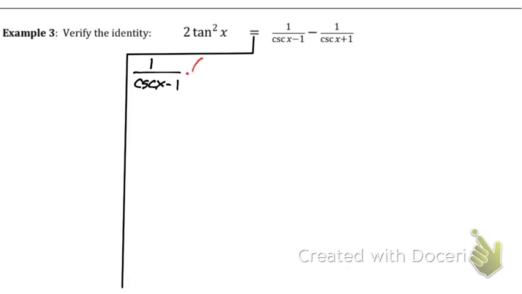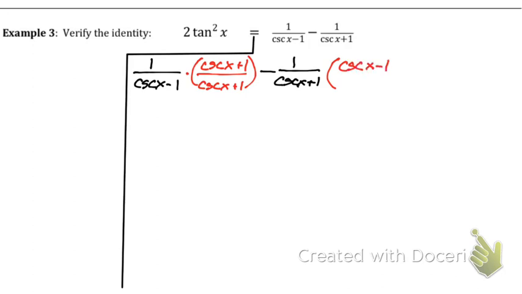So that's going to be times cosecant x plus 1 over cosecant x plus 1. That'll be minus. We'll take the other one, which is 1 over cosecant x plus 1, and multiply that one by the other denominator, which is cosecant x minus 1 over cosecant x minus 1.